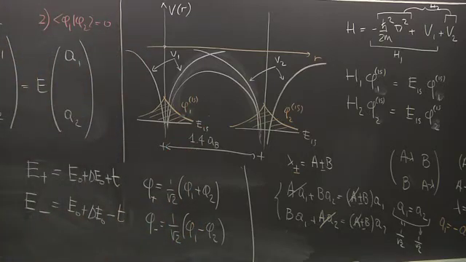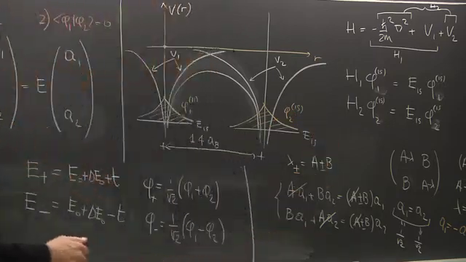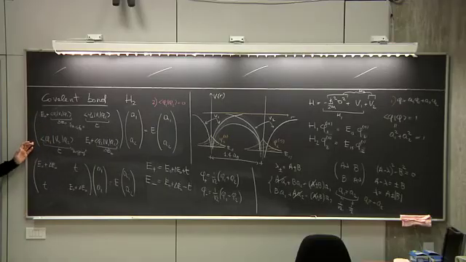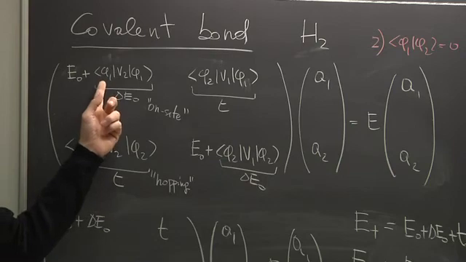So what happens in the limit where these two atoms are very far apart in my equation? Which term is going to be affected by the fact that I'm separating the atoms from one another? Well, E naught is certainly not going to be affected. E naught is an atomic property, so it's not going to change if I take the two atoms far apart. What about this term here?